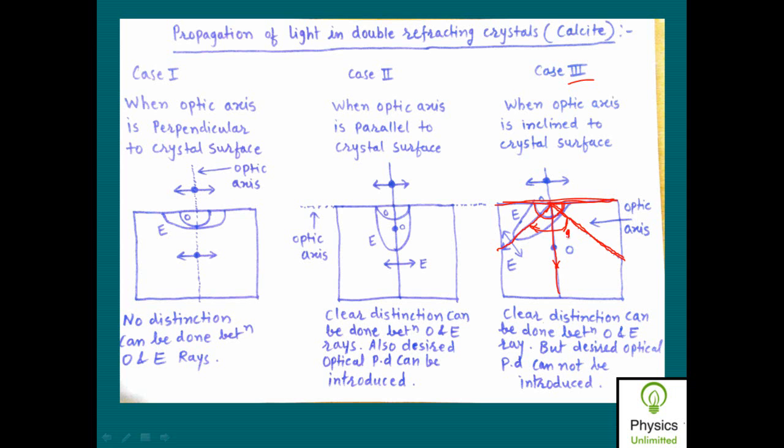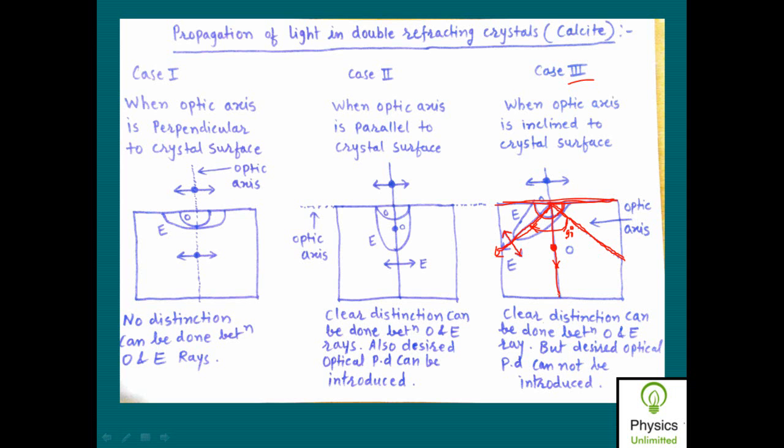Here the angle is 90 degrees. Since the velocity for extraordinary ray is more in this direction, the extraordinary ray which has vibration parallel to the principal plane, shown by lines, will travel along this direction, while the ordinary ray which has vibrations perpendicular to the principal plane, shown by dots, will travel along this direction.